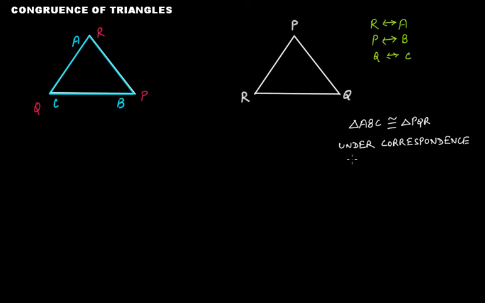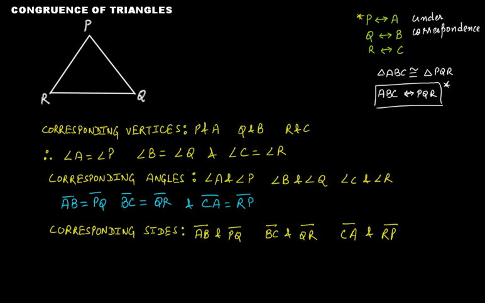ABC to RPQ. So from here we have ABC. What's the corresponding vertex of A? That's R. Of B is P. Of C is Q. So can you see here? This correspondence ABC and RPQ is different from this one.